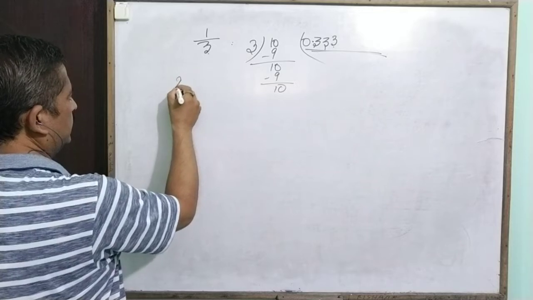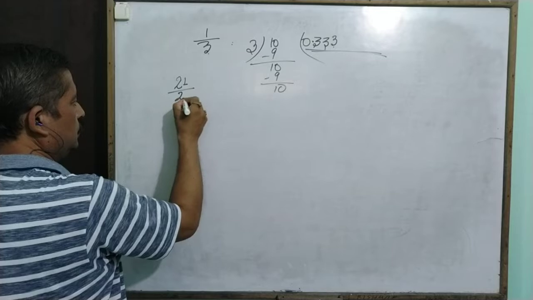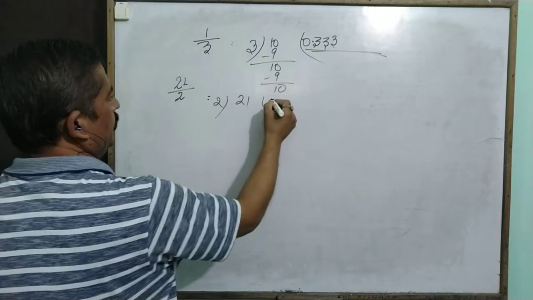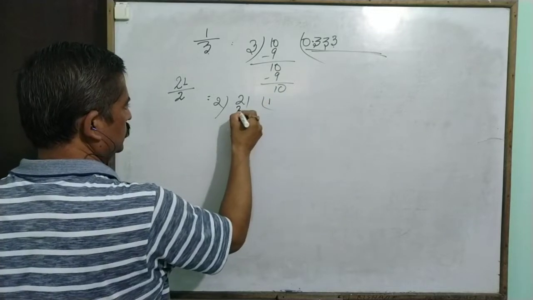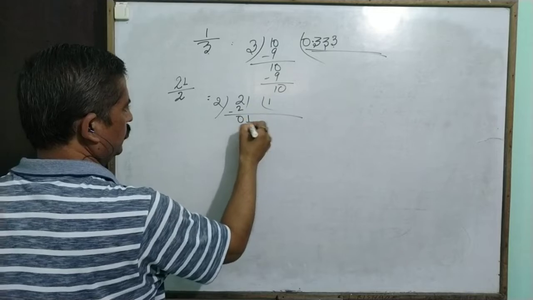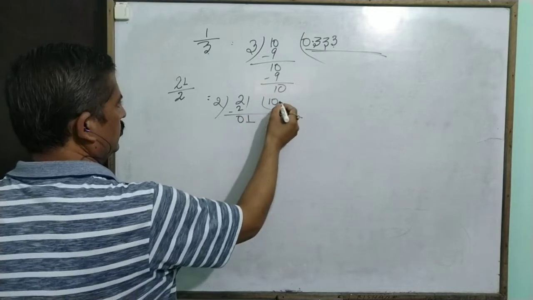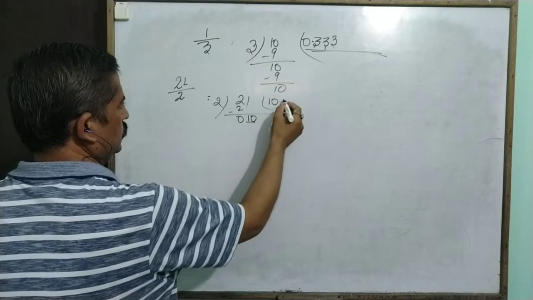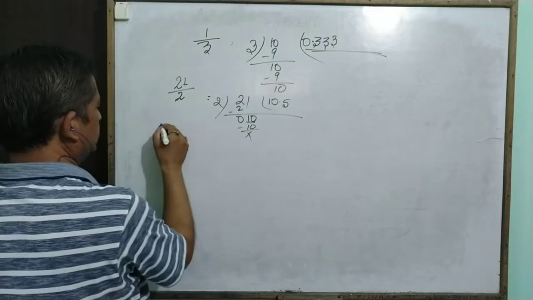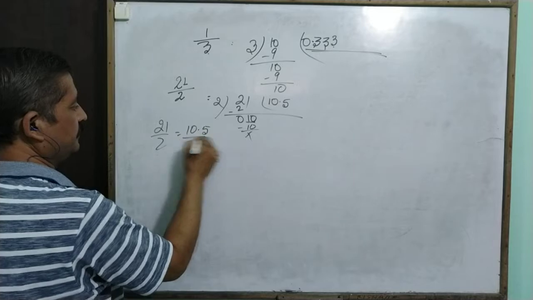If you want to divide 21 by 2, 2 ones are 2, 0, carry 1, then 0.0, which means 21 by 2 is equal to 10.5.